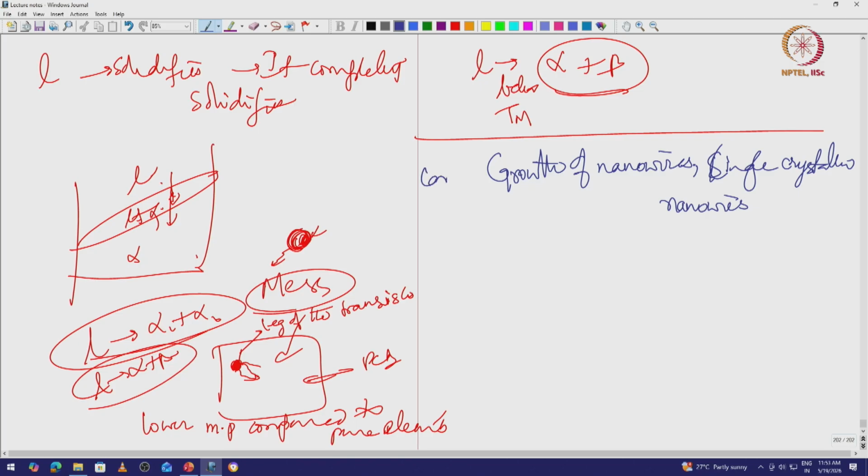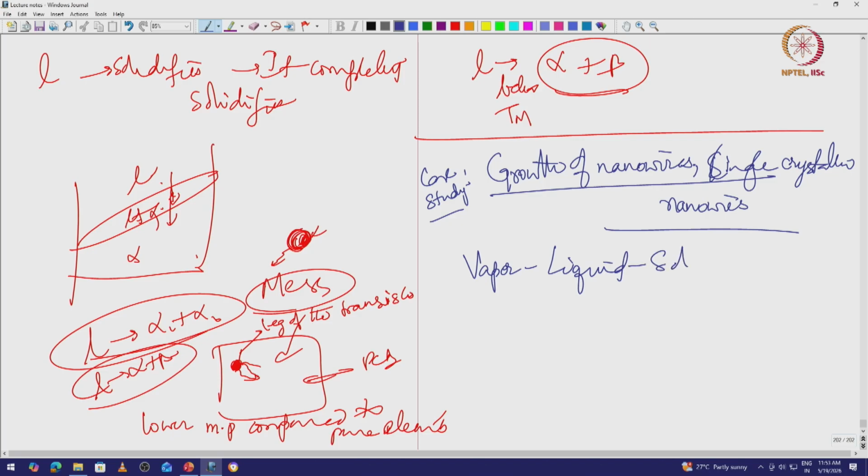We are going to use the eutectic phase diagram to understand the mechanism of growth of single crystalline nanowires. The process is called the vapor liquid solid process, the so-called VLS process. It's a very neat way of growing single crystalline nanowires.